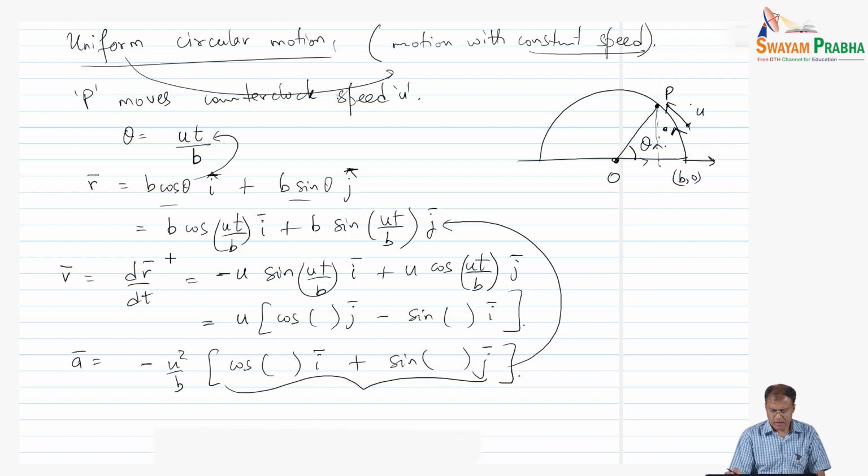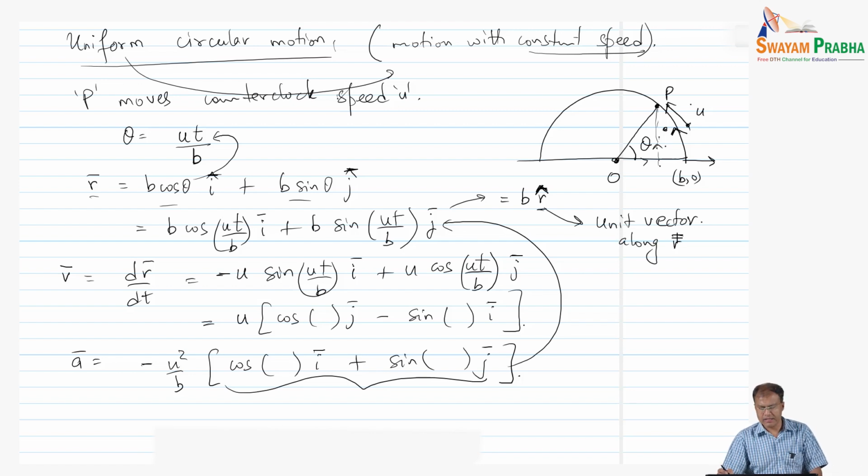The position vector r was equal to b times r hat, where I must differentiate this r hat, the unit vector along the radial direction, from the vector r. So my position vector r is b times r hat, and my acceleration here is minus u square by b times r hat.